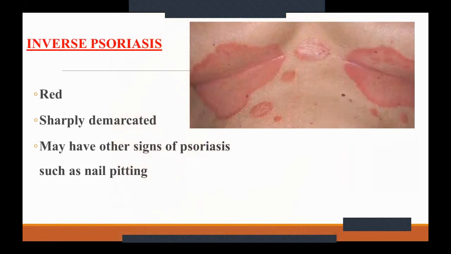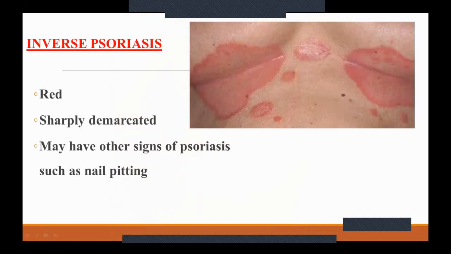So this might cause confusion with Tinea cruris, but there might be other symptoms of psoriasis also, like nail pitting, joint involvement, and other body areas like scalp and other skin, and there is a shiny scale over these red patches, which is characteristically seen in psoriasis.